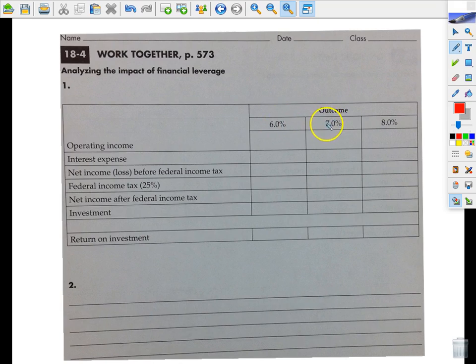And then what if we have a 7% increase and then an 8%? So this is the impact. If you're wondering what these percentages are all about, this would be the result of the renovation, what it does for our company. We're just analyzing three different scenarios. These are percentage increases in operating income. All right.